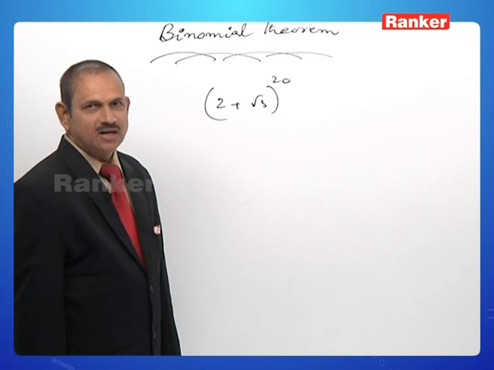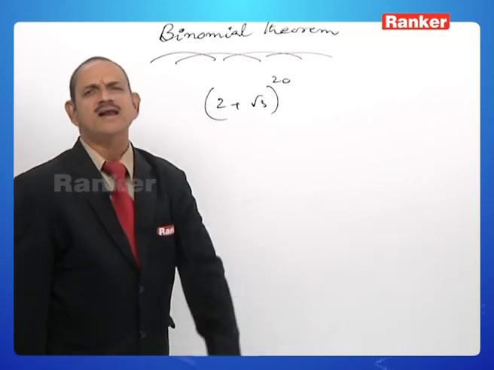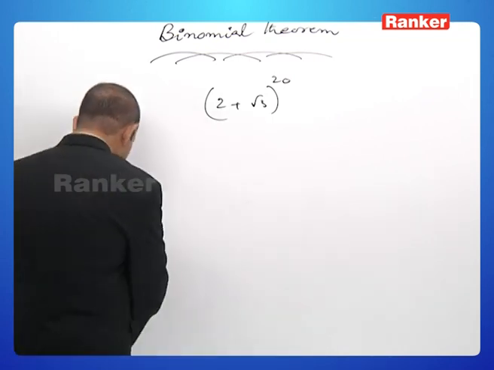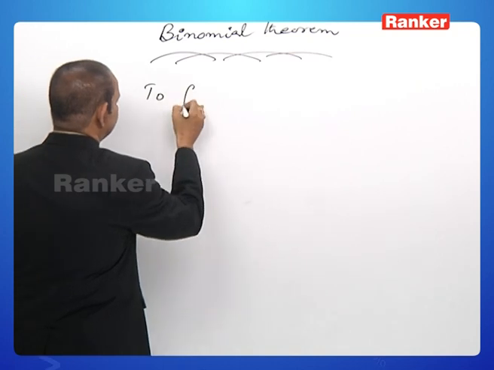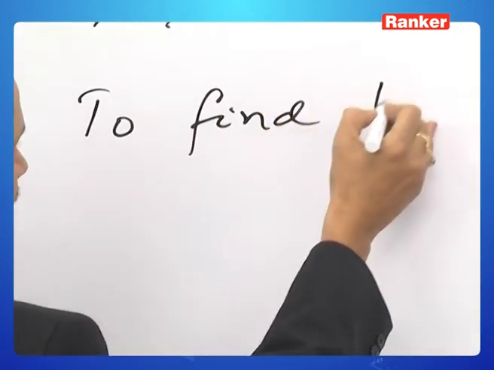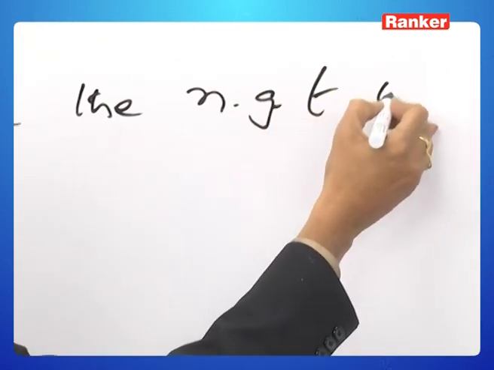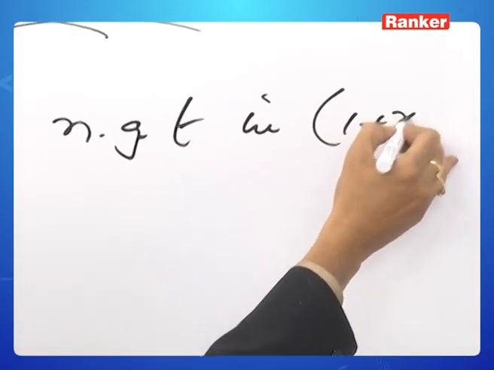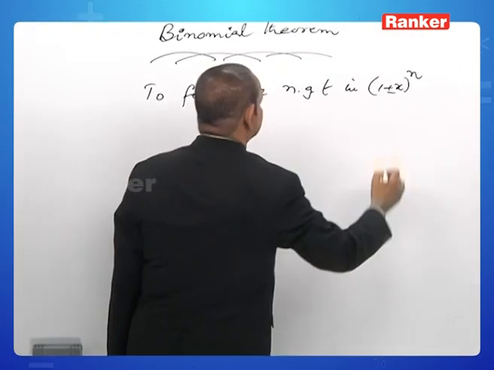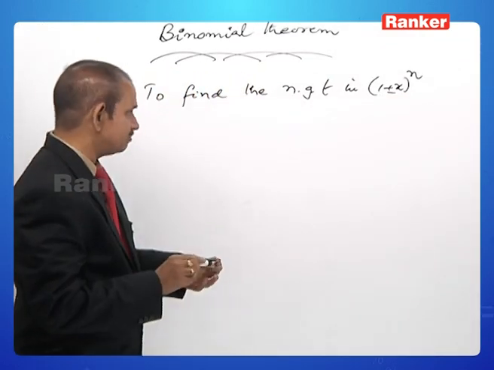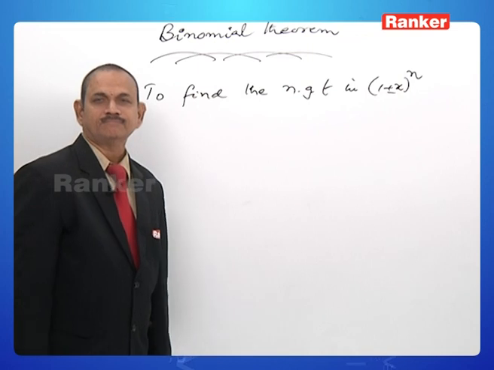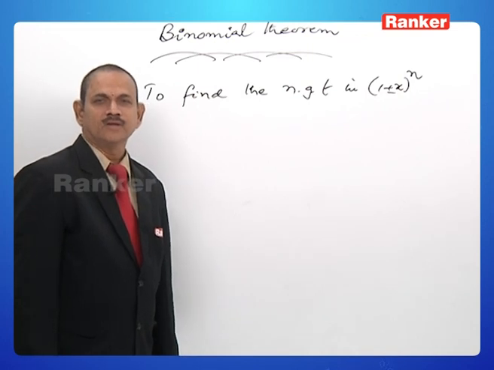To understand that, let us take the most general expansion, to find the NGT in (1 + x) to the power of n, or even (1 - x) to the power of n.